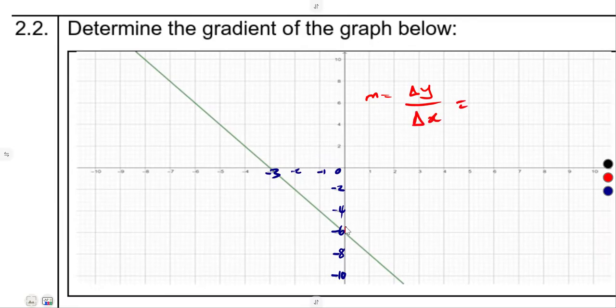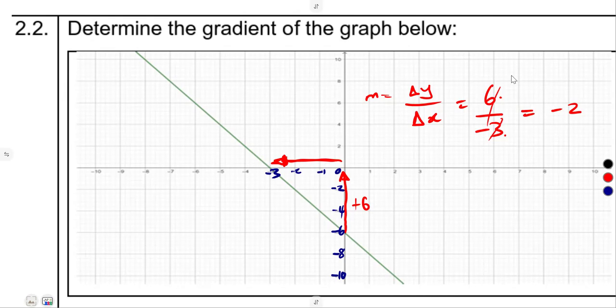So here the change in y going up from -6 going up, it means it's going to be +6 over the change in x, going to the left. That's -3 units going to the negative. So it's going to be 6 over -3, which is -2.